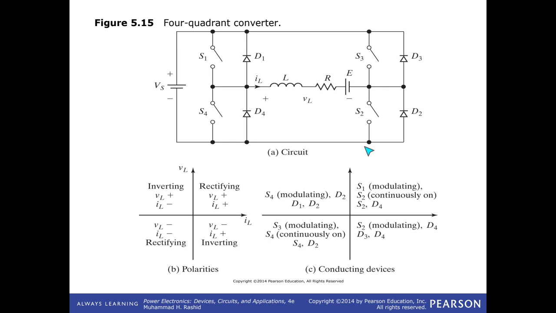But if you put S1 off but keep S2 on, what's going to happen? Current is flowing in this direction. Current is going to continue like this. So on, off, on, off. This is buck operation.